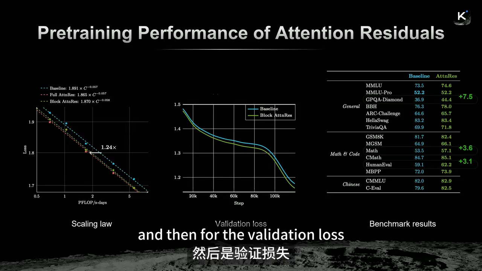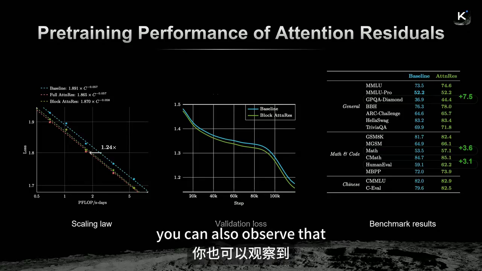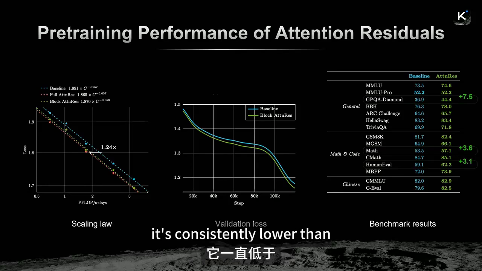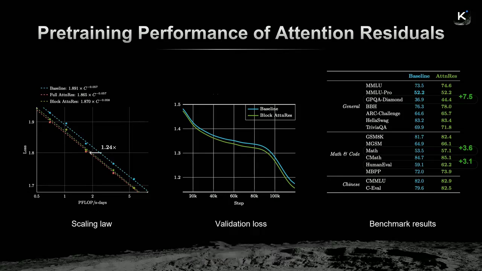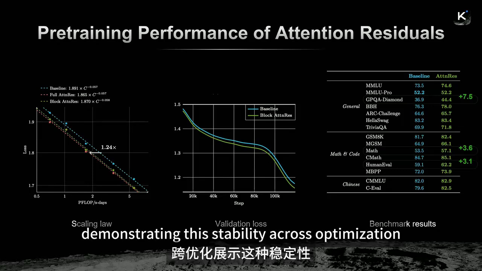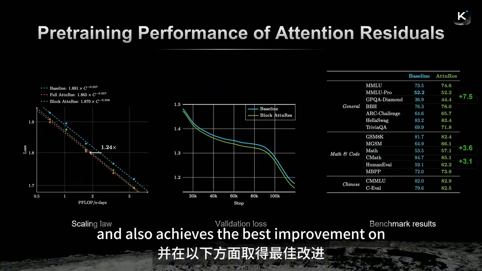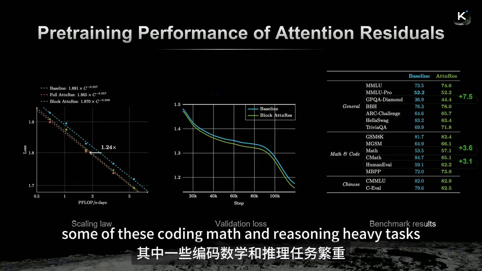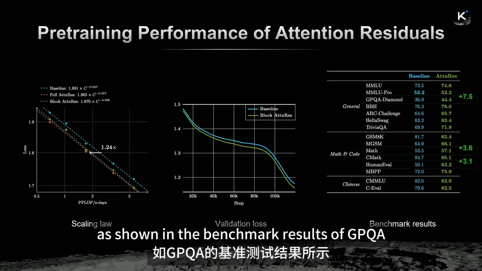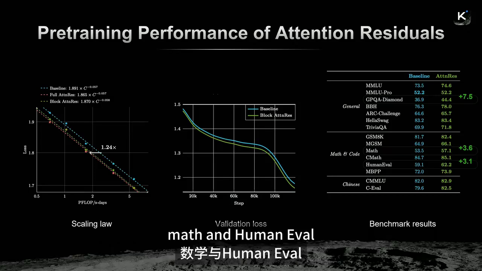For the validation loss, you can also observe that it's consistently lower than the original curve, demonstrating stability across optimization, and it also achieves the best improvement on coding, math, and reasoning-heavy tasks, as shown in the benchmark results of GPQA, math, and HumanEval.